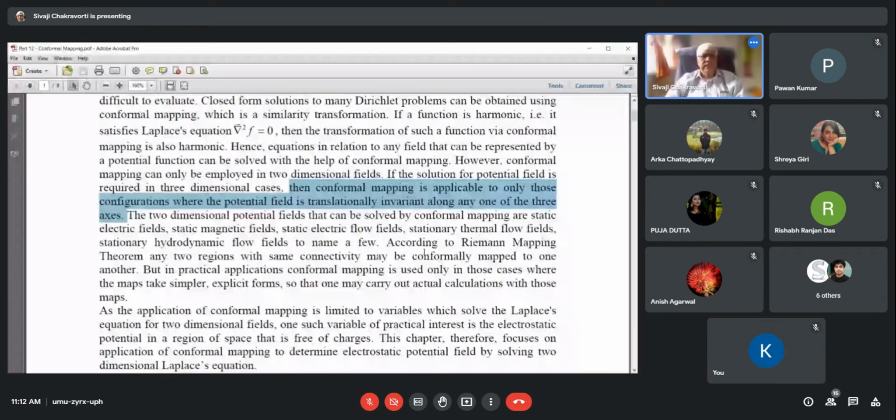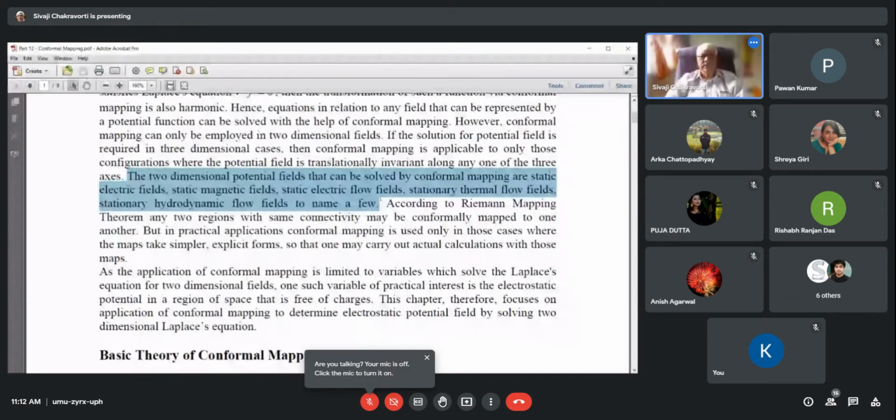As you can see, it can be applied to static electric field, static magnetic field, and stationary thermal field. In these cases, you will see they basically use a function which satisfies Laplace's equation.